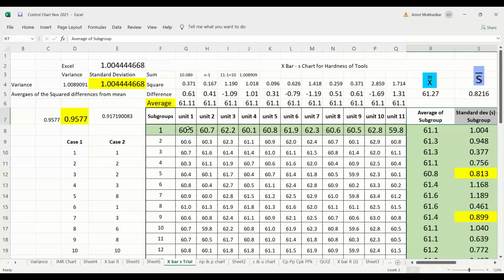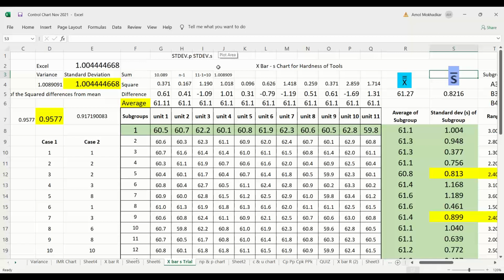Clear? So now calculate the average of the subgroup. I will use the formula AVERAGE, average of the subgroup, and then I will drag it completely up to the last value. And then standard deviation. Now what formula are you going to use? STDEV.P or STDEV.S? Tell me.